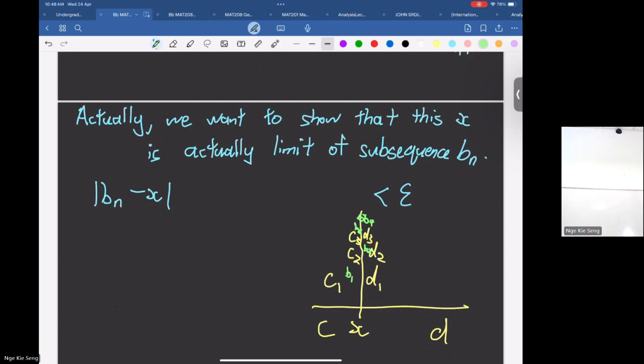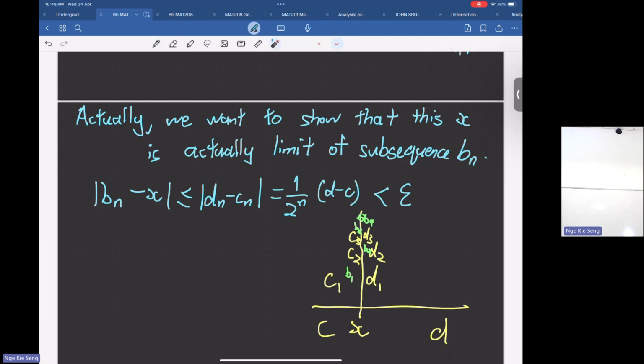Actually, bn is lying between cn and dn, right? So this difference must be at most dn minus cn. But we know the length of this. We can control this length. This length is (d minus c) over 2^n.